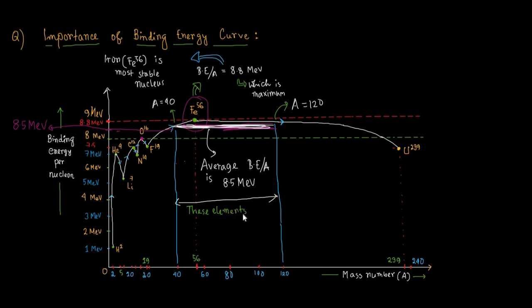All the elements existing in this region, with an average binding energy per nucleon of 8.5 MeV, are comparatively more stable and non-radioactive.